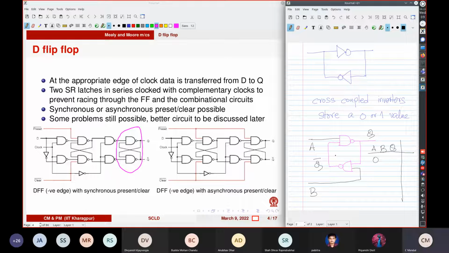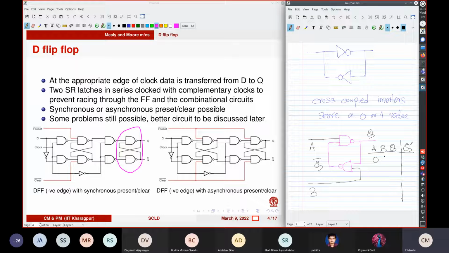Okay. Let us call this Q dash. I'm just calling it Q. Let me call it Q prime. Don't mistake this prime for a complement.